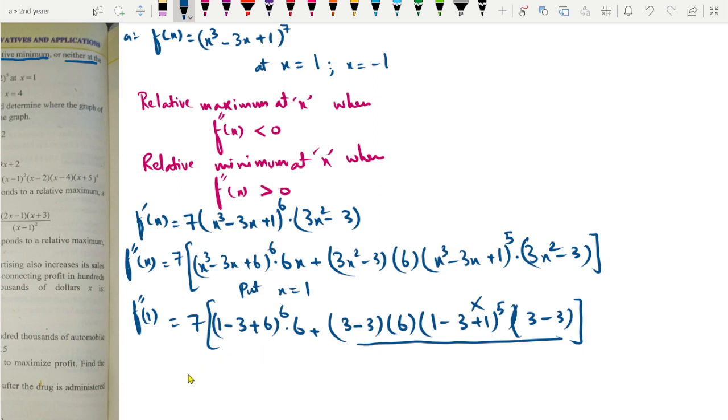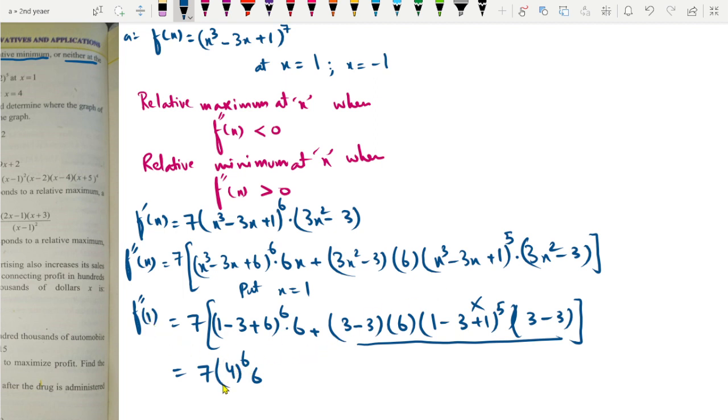Okay, so 7 into (minus 1)^6 into 6, this will become 7 minus 3, this will become 4 to the power 6 into 6. Here we see that f double prime of 1 is greater than 0.